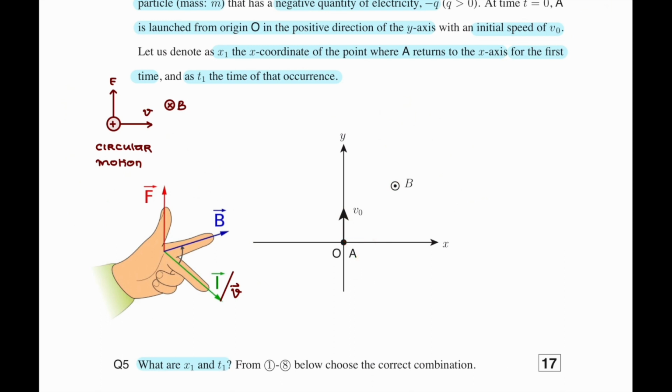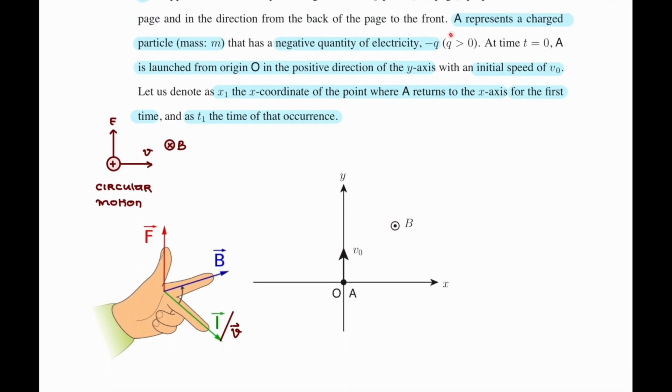But you need to be careful. Why? Because our charge is negative. Fleming's left hand rule is used for a positively charged particle. If we have a negatively charged particle, the direction of force that we obtain from Fleming's left hand rule must be in the opposite direction.